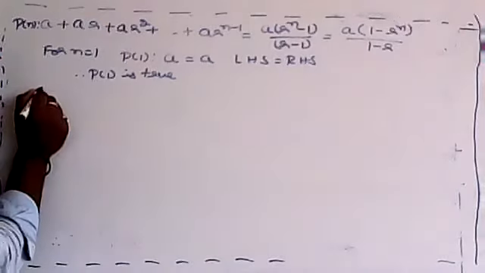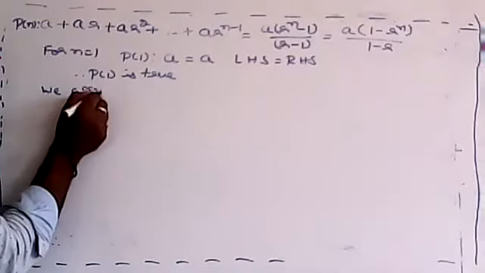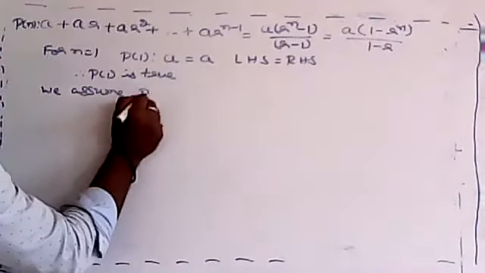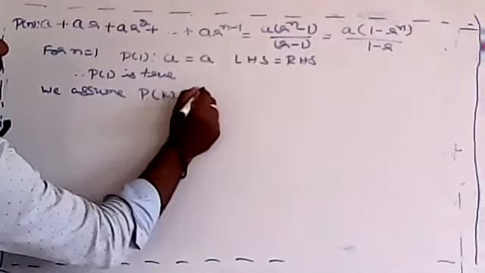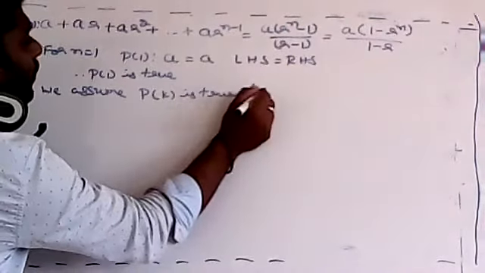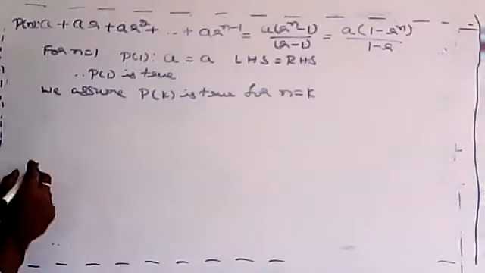Then same, we assume P of K is true for n equal to K. That time what do we get?